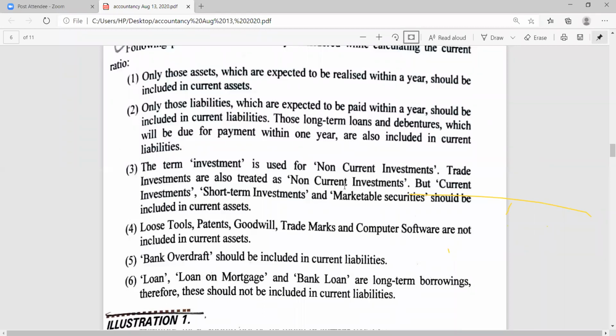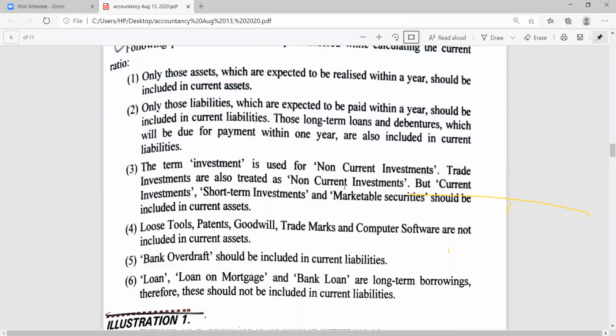Second point to be kept in mind: only those liabilities which are expected to be paid within a year should be included in current liability. Long-term loans and debentures which are due for payment within a year are also included in current liabilities.